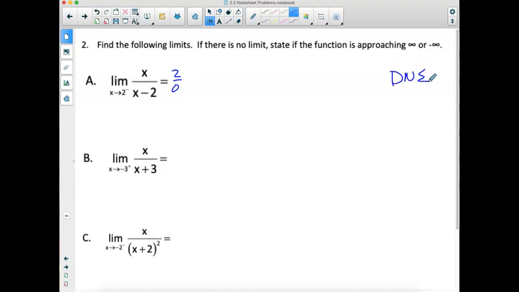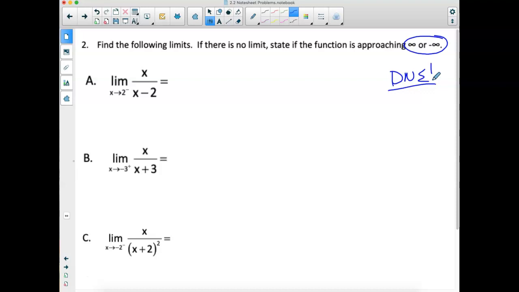I have a vertical asymptote there. If you ever get a limit that says negative infinity or positive infinity, that means the limit does not exist. However, sometimes they want you to state which way it is going, up or down. So we're approaching 2 from the left.